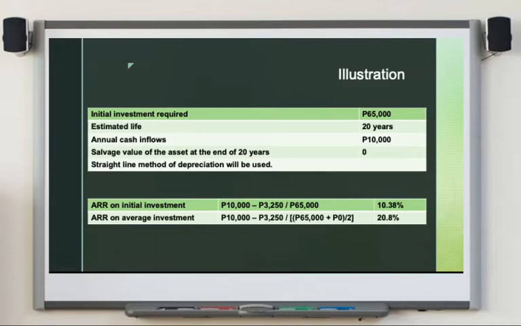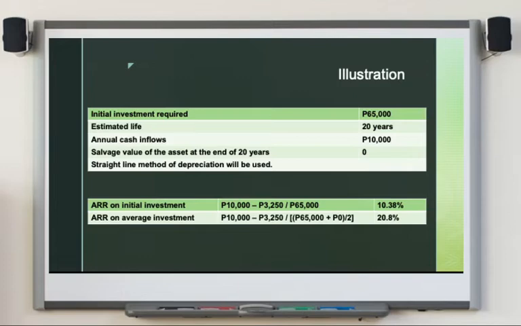For the average investment, that's 10,000 minus 3,250 over the average investment of 65,000 plus 0 over 2. So whenever you are given a problem and asked for an ARR using the average investment, you simply divide the initial investment by 2, unless there is information that the ending balance of the investment is given.